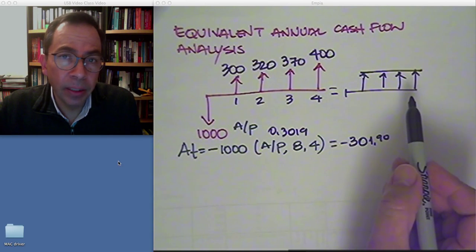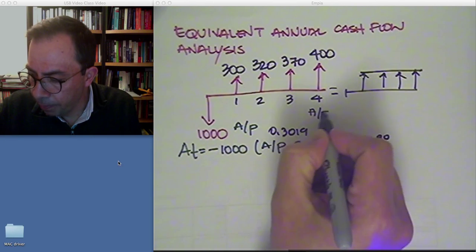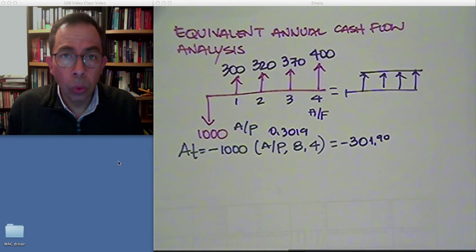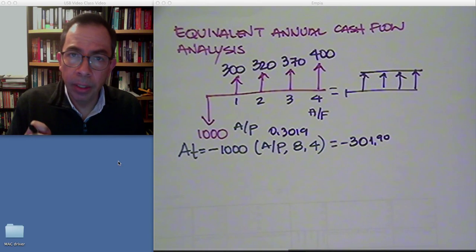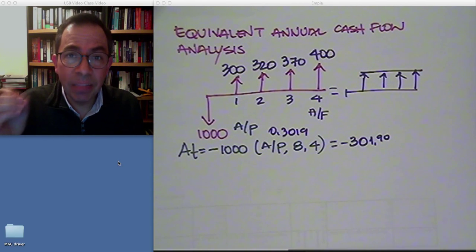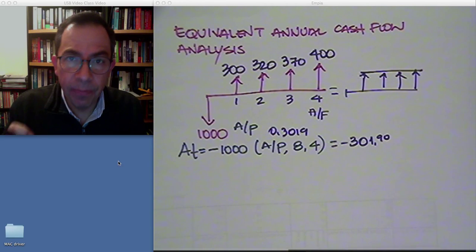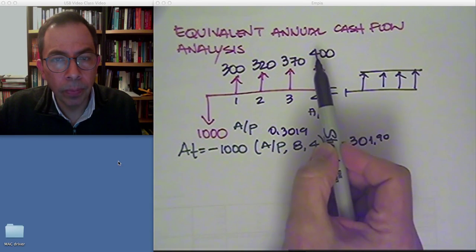Therefore, I can take advantage of the financial function that I have, which is A given F. To do so, I'll be converting an amount of money that is given in a future time into a number of payments where the last payment is going to be given exactly at the same time as the money I'm using to.